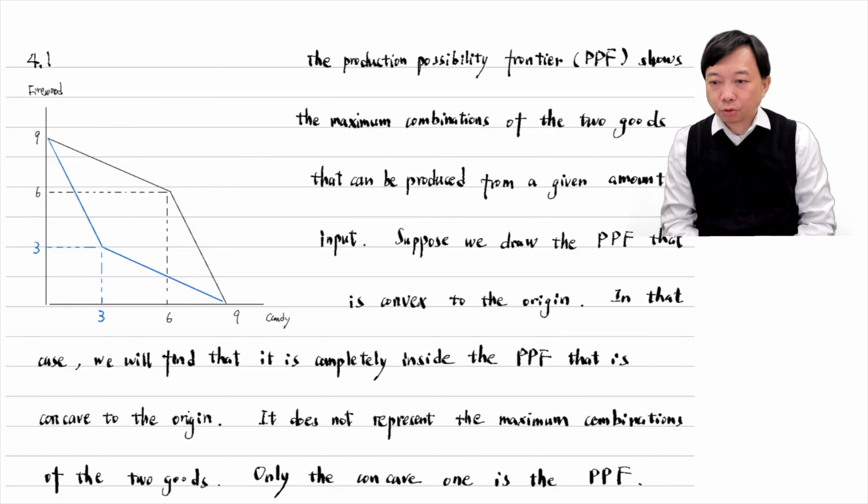Let's answer exercise 4.2. Pat and Chris can spend their long leisure time working either in the marketplace or at home, preparing dinner, taking care of children, doing repairs. In the marketplace, Pat earns a higher wage than Chris.